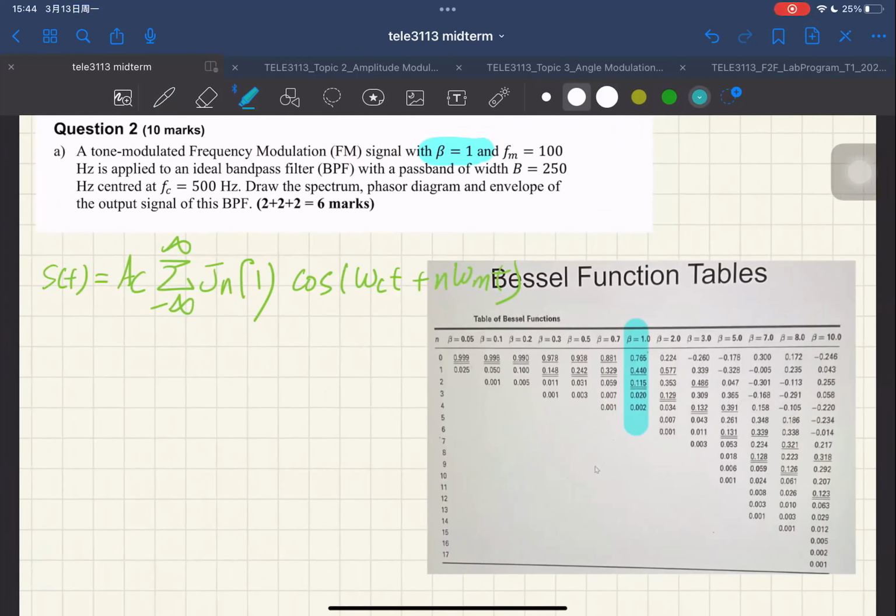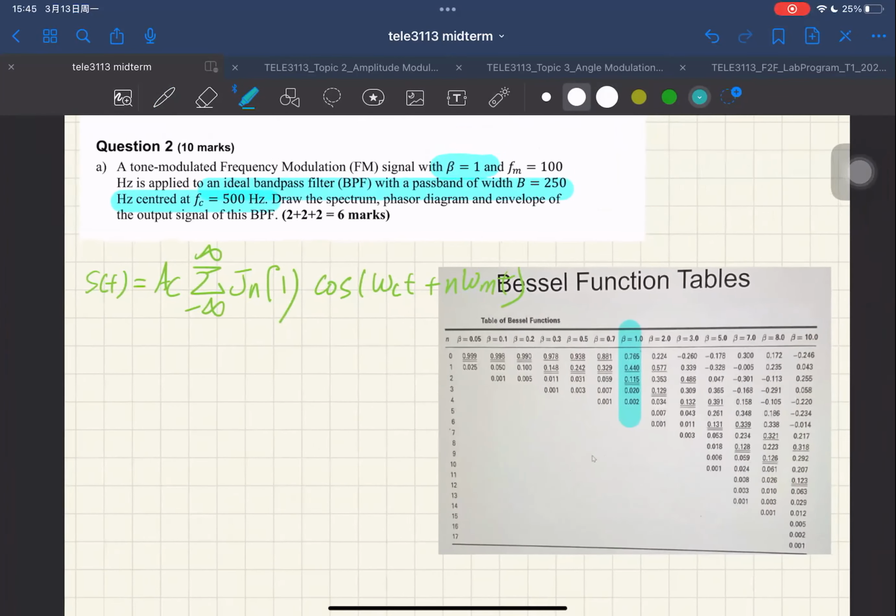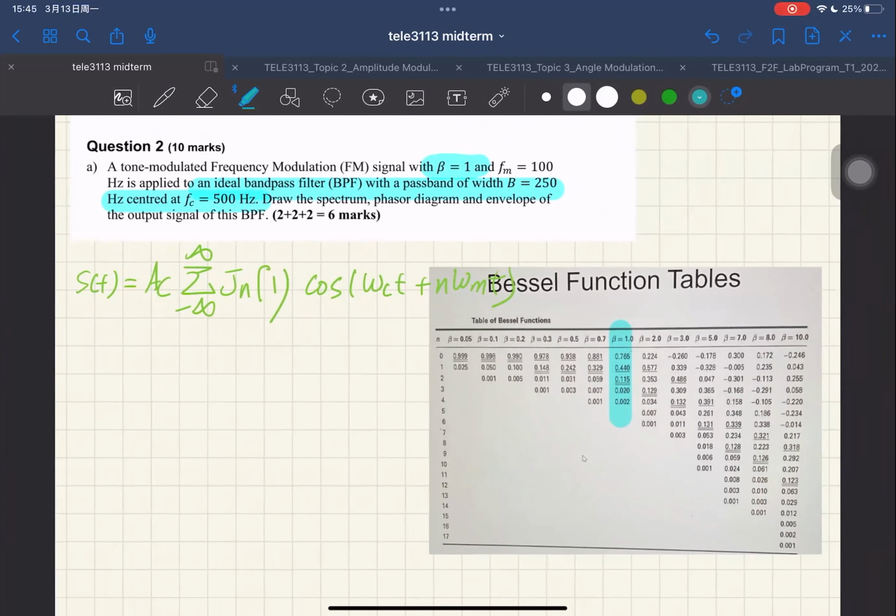Okay, so this is very important information. An ideal bandpass filter of bandwidth B equal to 205 Hertz centered at 500 Hertz, right? So this frequency modulation signal is going to go through a filter and it's going to block a lot of frequency components. The reason we use a filter is that we're trying to get rid of some frequency components. What frequency components are we going to get rid of in this case?